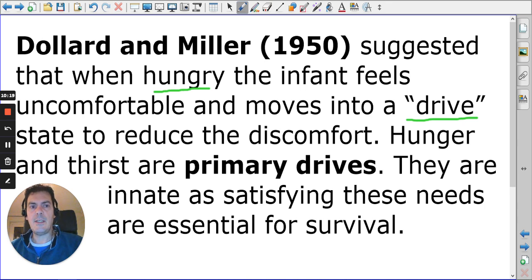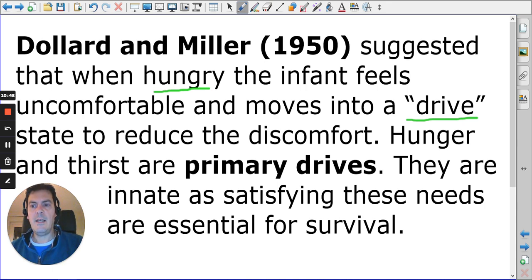This urgency to stop being hungry is a drive. Dollard and Miller expressed that hunger and thirst are primary drives. Just a recognition at this particular stage that babies only feed off milk. Infants, for the first few months of their lives, are only drinking breast milk or some kind of formula.